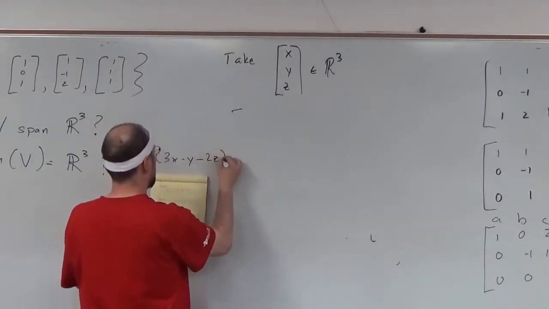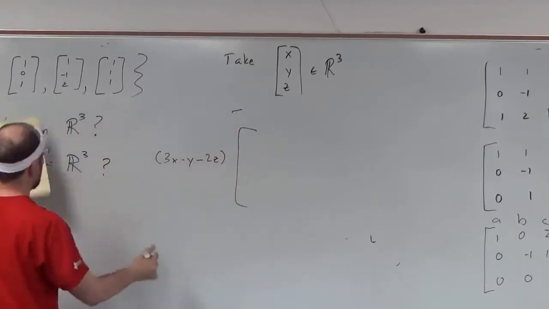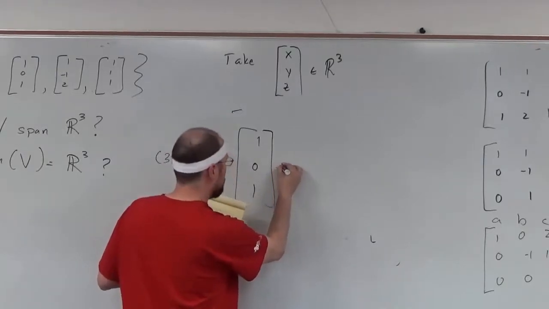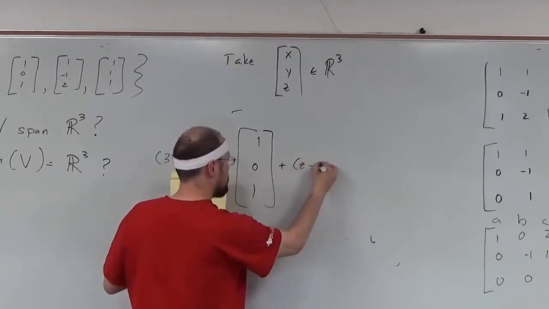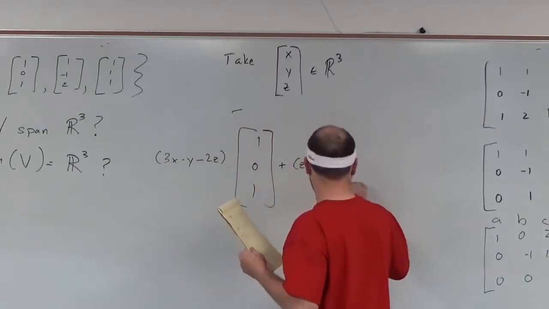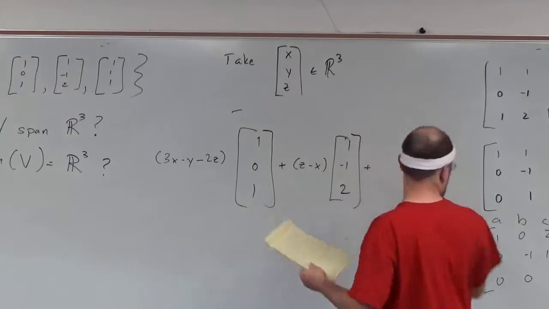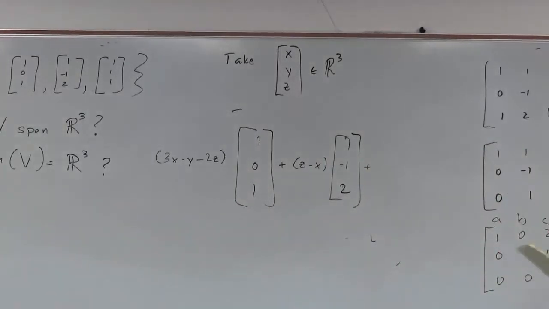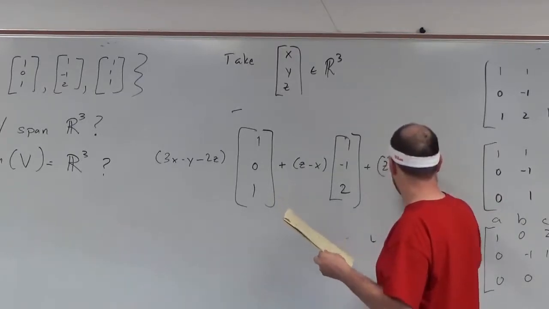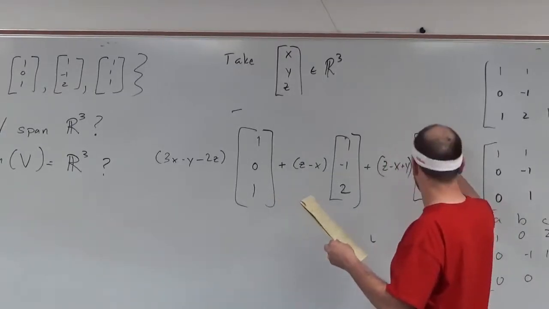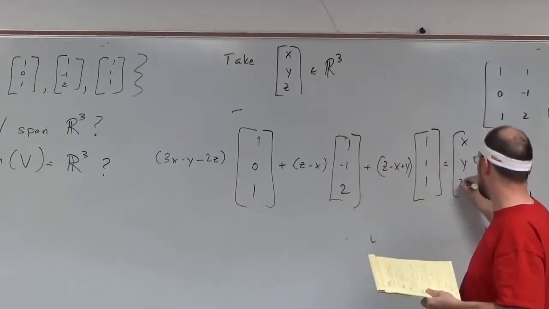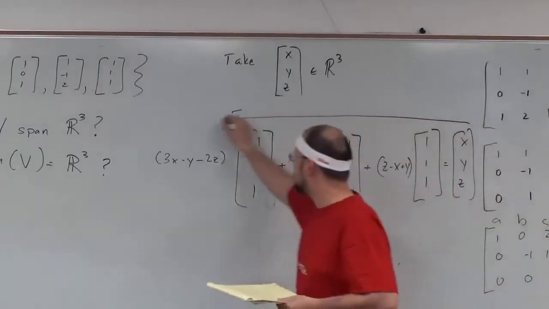So that's A times the first vector, plus B, C minus X, times the second vector, plus C. Give me the arbitrary vector from R3, x, y, z, and you can check that that's true.